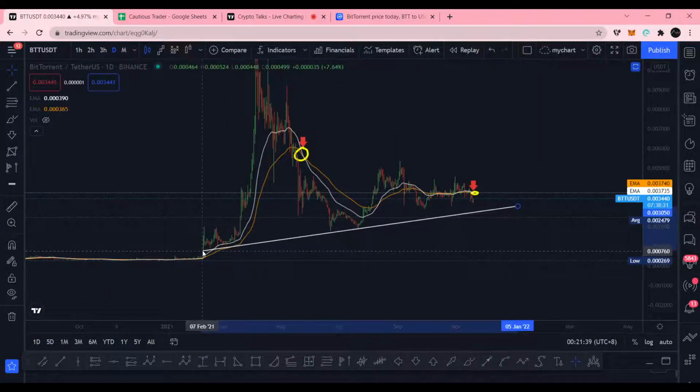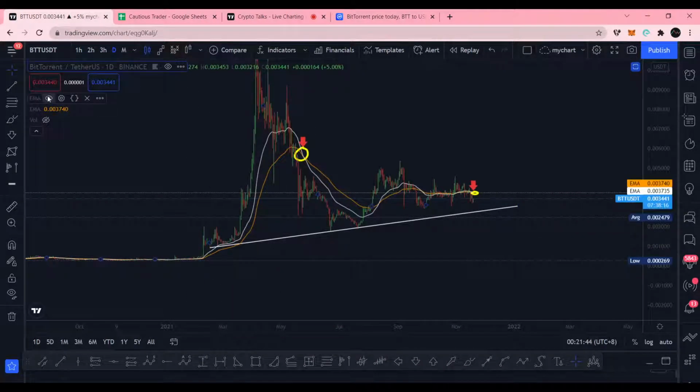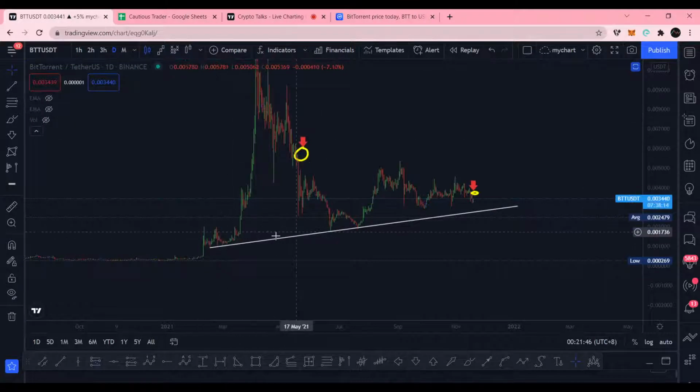I even extended it here, I can even extend it there. That's a dead cross, and there.